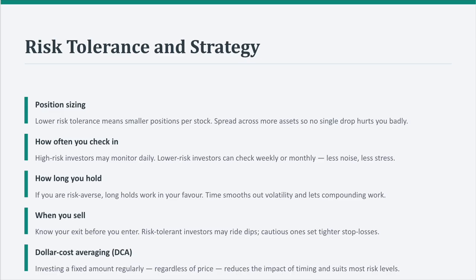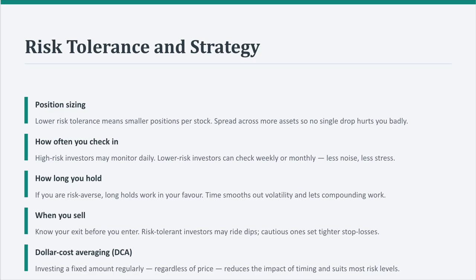Now, with risk tolerance come differences in strategies, depending on how risky your portfolio is. For example, if you have a more risky portfolio, you would hold for shorter times. You would be tracking the market constantly to make sure there are no sudden fluctuations in price.